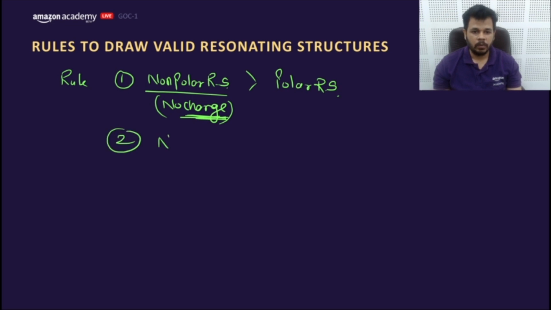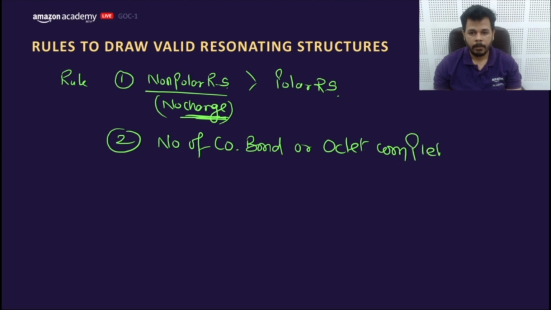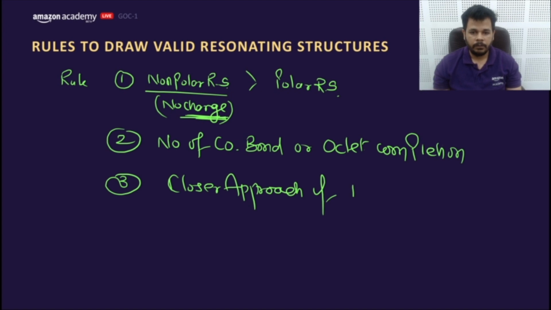Secondly, you will look for the number of covalent bonds or octet completion. Third, you look for closer approach of dissimilar charges.